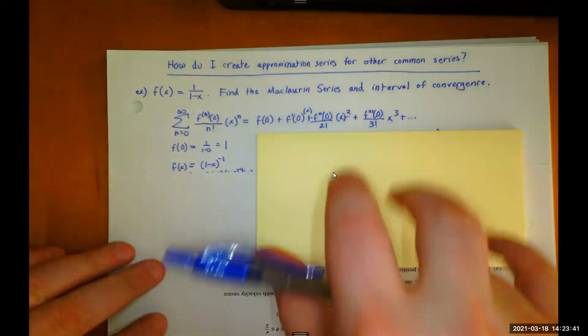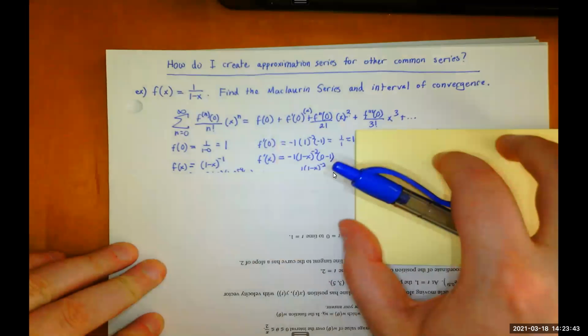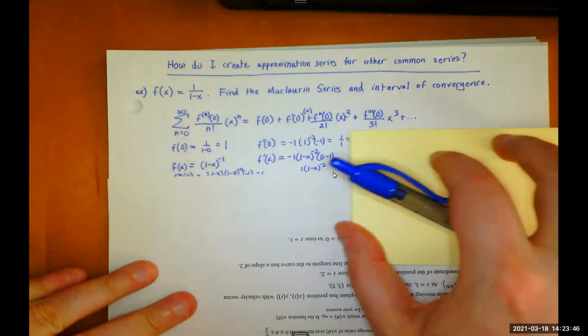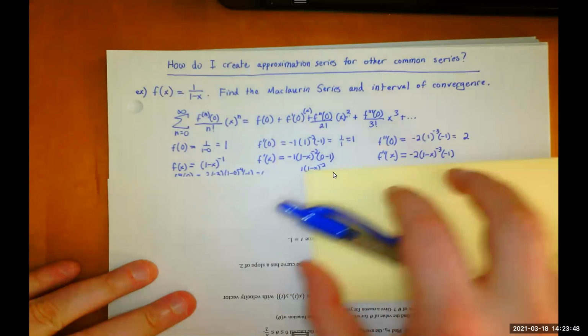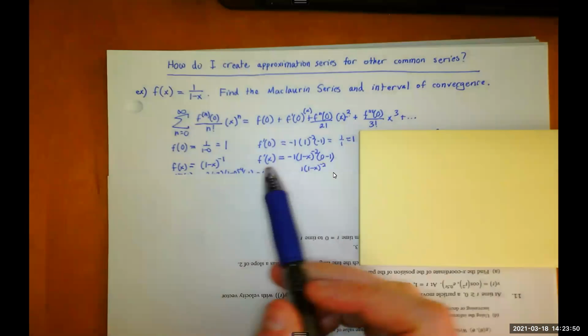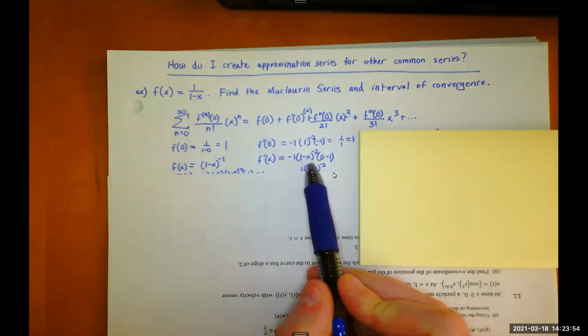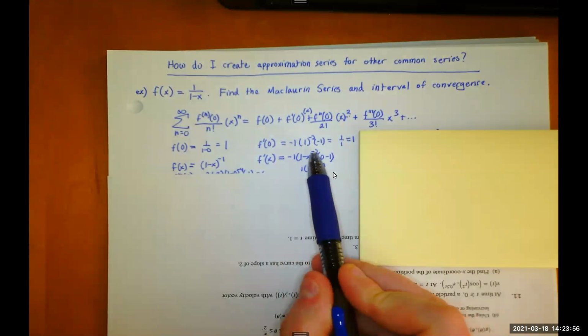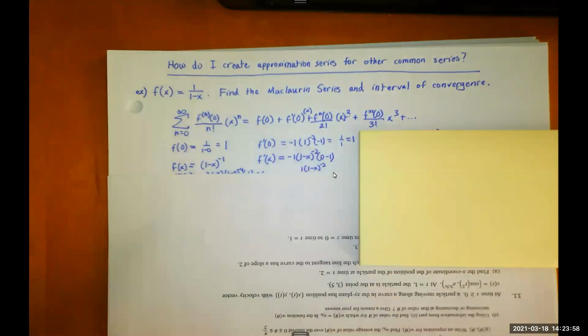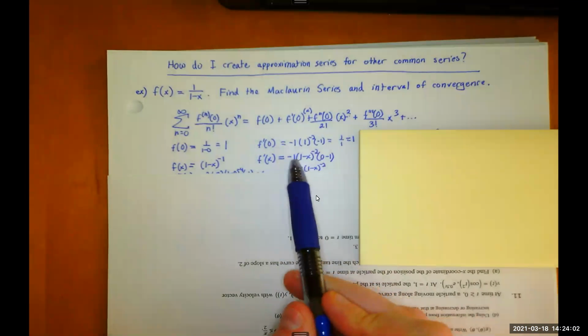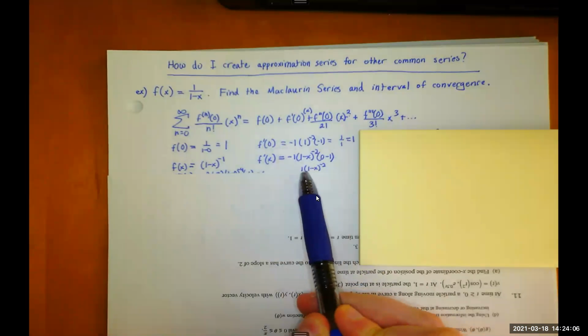Okay, so when I do that, the first derivative is going to be negative 1 times the quantity of 1 minus x to the negative second power. Utilizing the chain rule means I have a 0 minus 1, or if I simplify, the negative 1 and the negative 1 multiply to make positive 1.